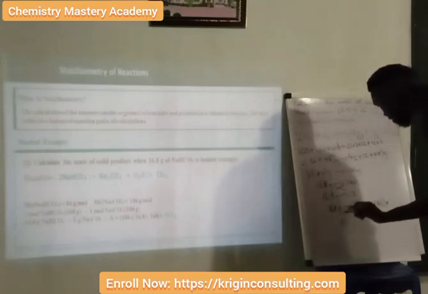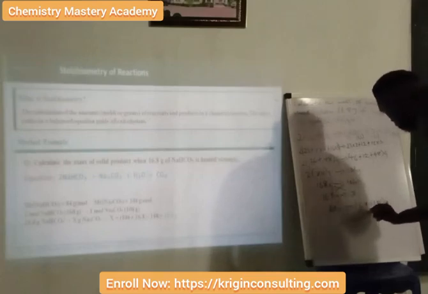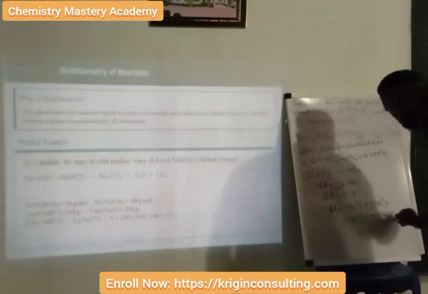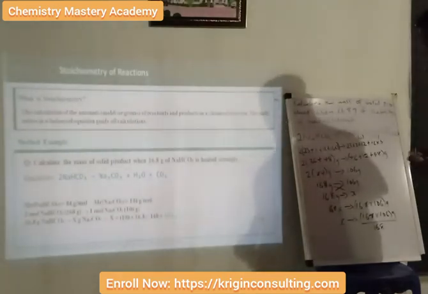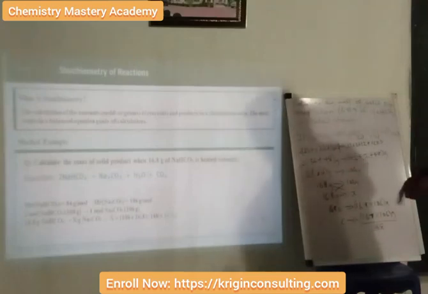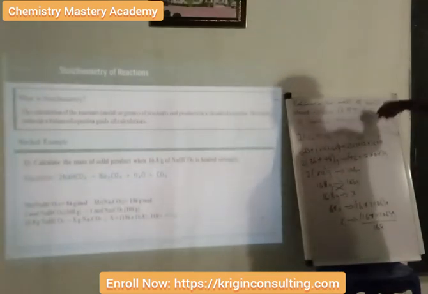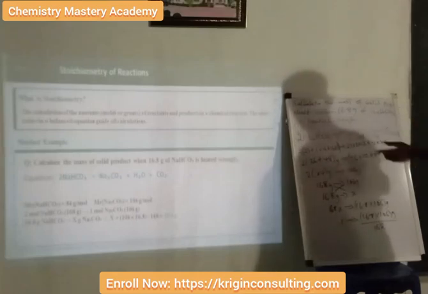Now X, that is the reacting mass, you divide by 168. So we have 16.8 times 106 gram over 168. When you do the calculation, you will get the mass of the solid product that is formed when NaHCO3 is heated.